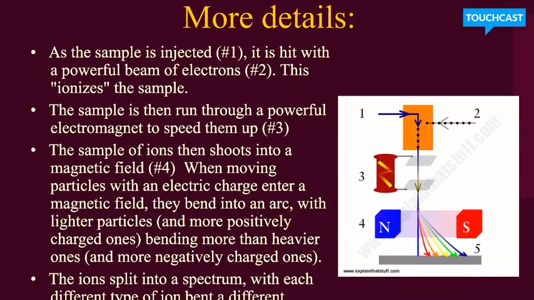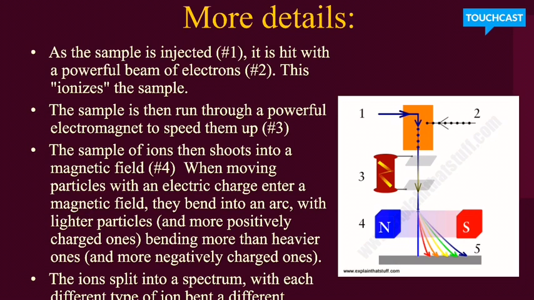Here's some more detail. Check out the picture here. So as a sample is injected in part 1, it will hit a powerful beam of electrons. This is going to ionize the sample. The sample is then run through a powerful electromagnet to speed them up, because remember, they have charge, right? So we're going to make them accelerate in part 3. In part 4, the sample of ions is then shot through a magnetic field.